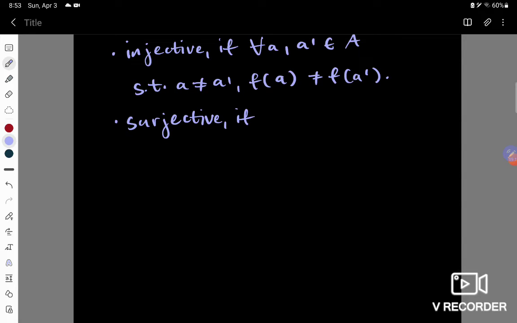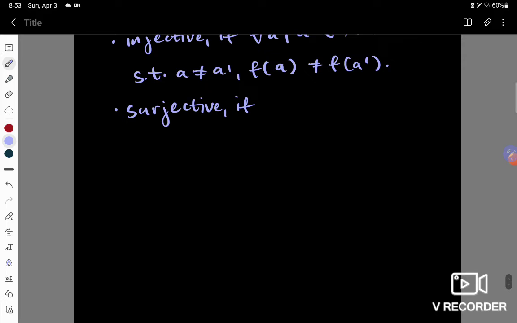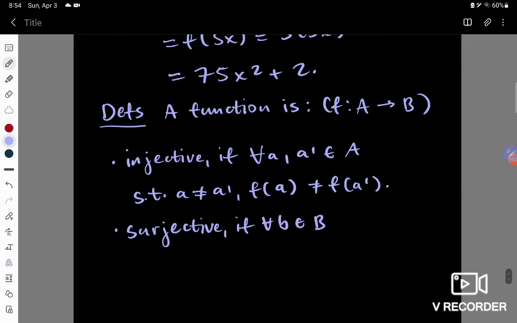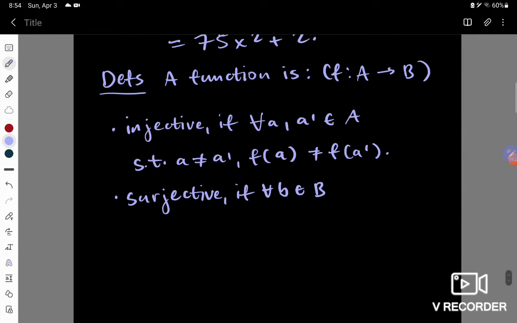If for all b in B, actually let's specify, because it is not good to just define this and then not specify functions, domain, and range. That's a cardinal sin.